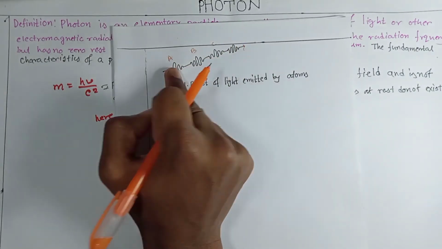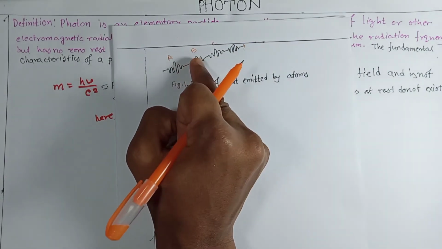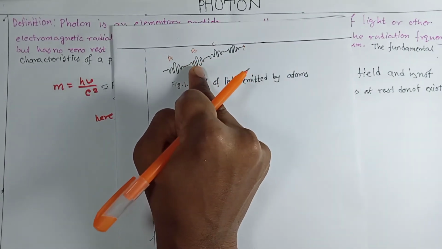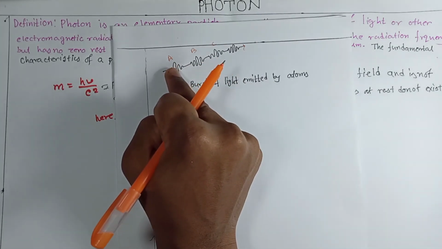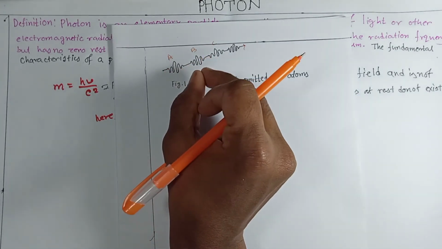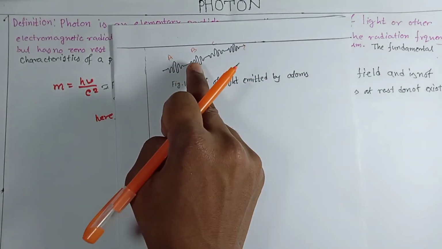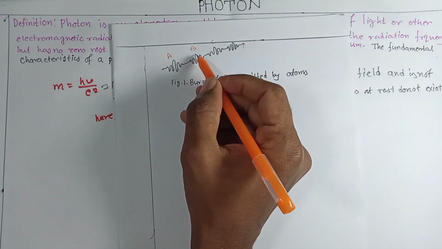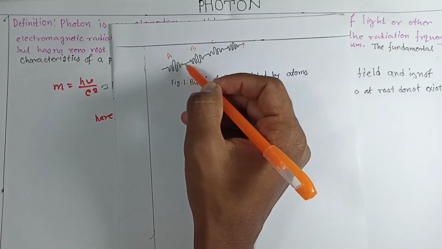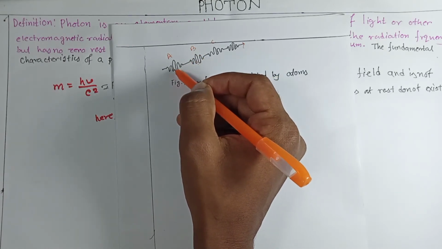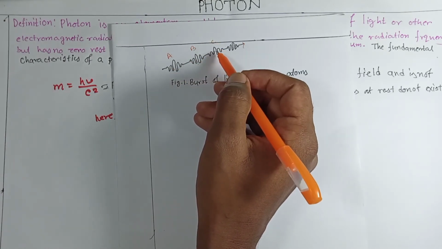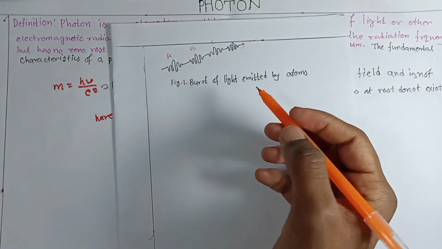The photons produced by B are independent of A. So this is a random process. The photon emission by B is not dependent on A or on C. This is a random process.